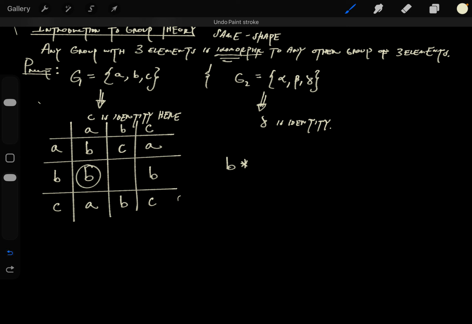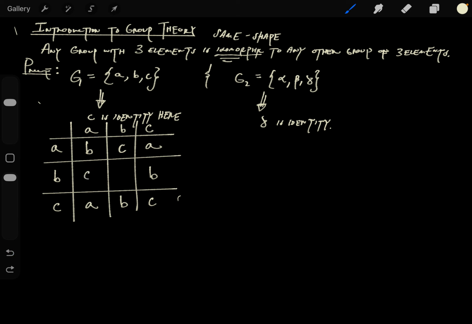So we're forced to have that this is C, because it can't be B, because B already appears in the row. And then B star B must be A. And now I've filled in this multiplication table.